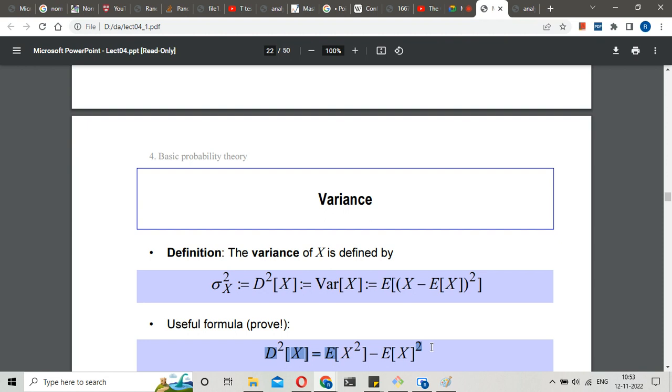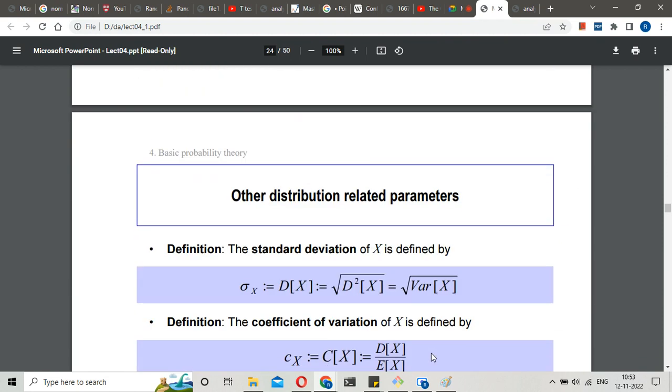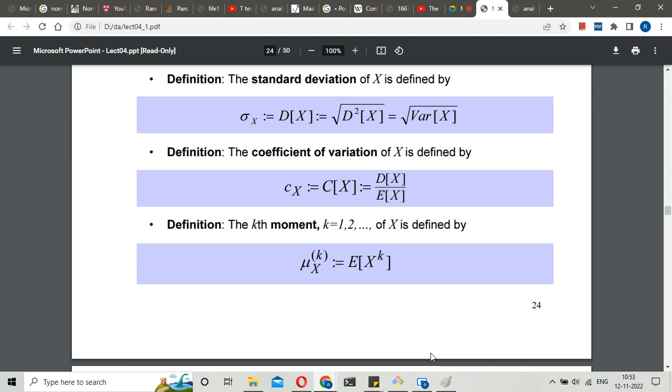And then coefficient of variation, and then the kth moment, which you can ignore as of now. So mu of 2, mu of 3, you can just square it, cube it kind of thing, and like that.